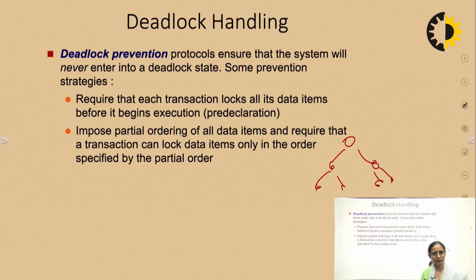We need to identify in which order the locks can be acquired on the data items. For example, if I am using this data item, then I cannot acquire the lock on this parent data item. But if I am working here, then I can send a request for these data item locks.